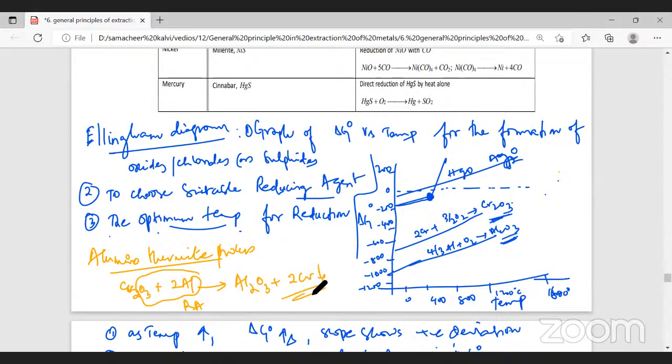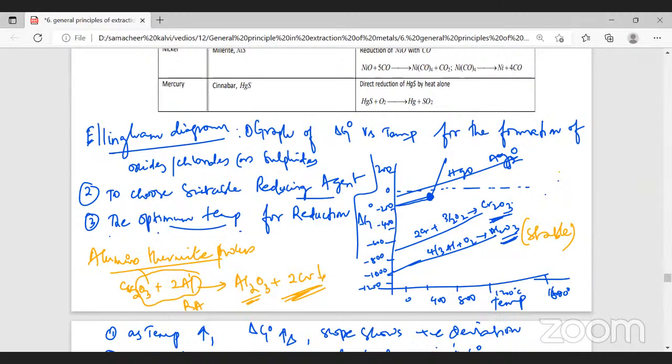So this is a reduction process. You can see this is chromium oxide, this is aluminum oxide. Aluminum oxide is below chromium oxide. That means aluminum oxide is more stable compared to chromium oxide. Therefore, when chromium oxide is heated with aluminum, aluminum will react with oxygen to form aluminum oxide, which is more stable, giving you chromium. That is what I told you.